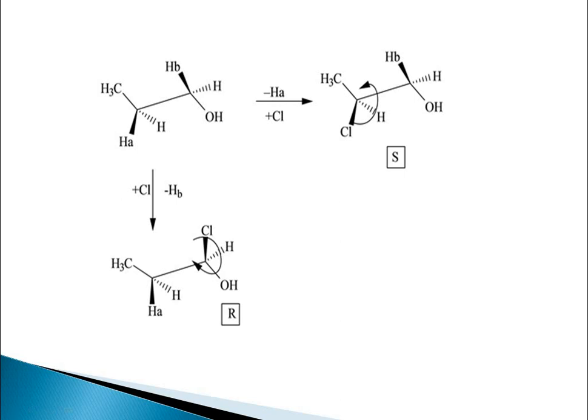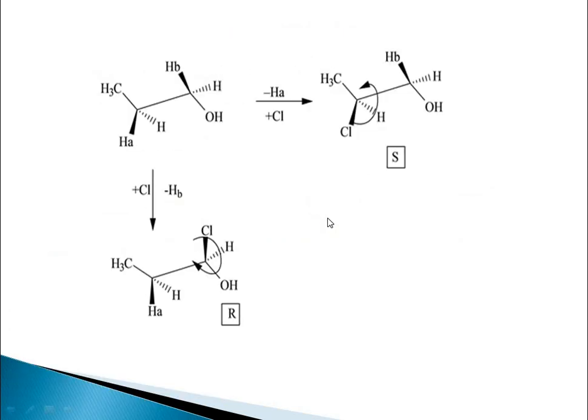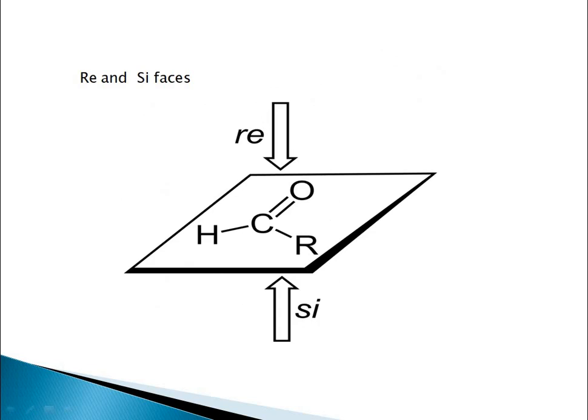Topicity describes the relationship a ligand has with the rest of the molecule, because an sp3 hybridized atom may be a prochiral center, where on replacement of one of the groups, one by one, we get a pair of enantiomers. Similar is the case of a double bond. See, this is RCHO, an aldehyde. This is a double bond. How is it prochiral?